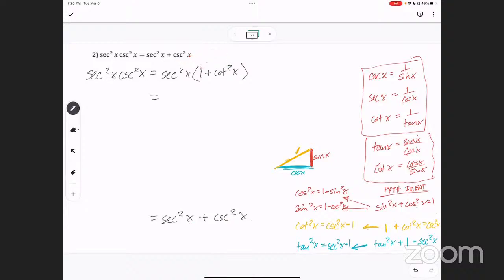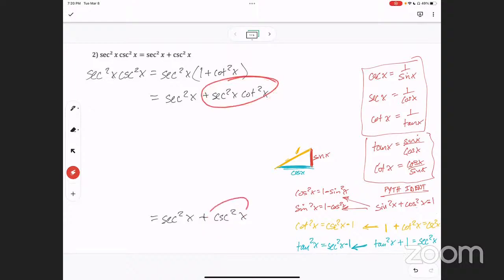Let's try it. Let's see what we get. I'm going to get secant squared x plus secant squared x cotangent squared x. Good? Okay, now I'm still thinking, oh, crud, this is pretty close, but this doesn't quite look like this. But I'm hoping I can make this look like this.